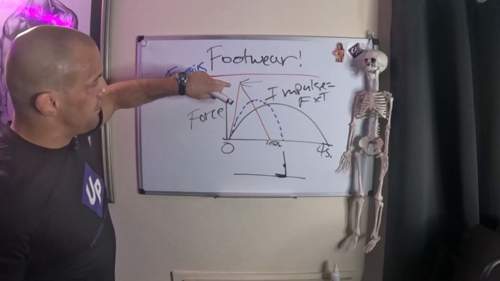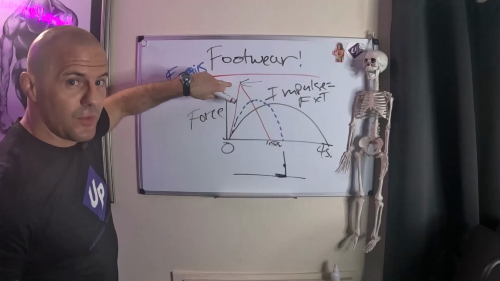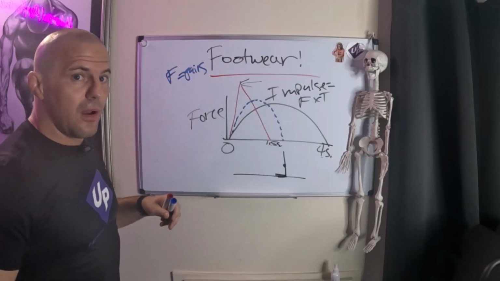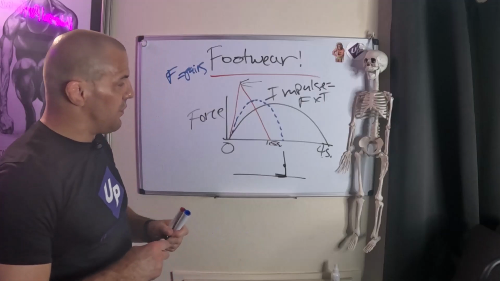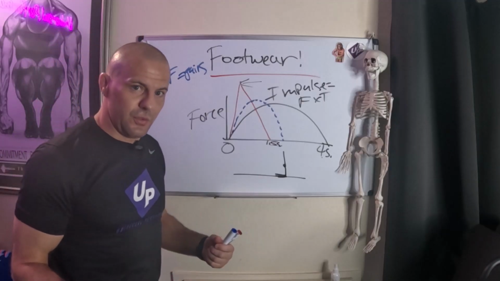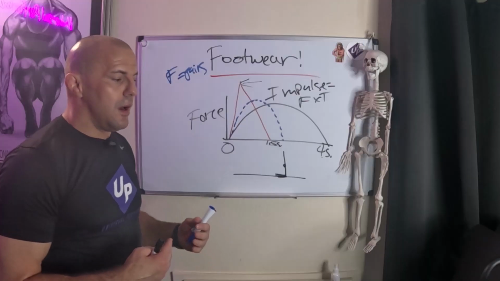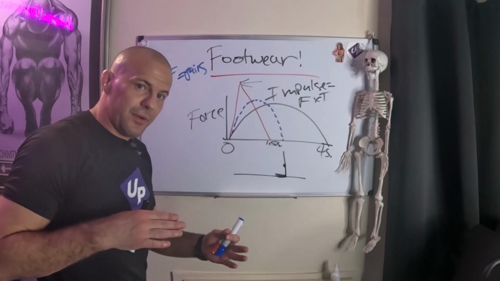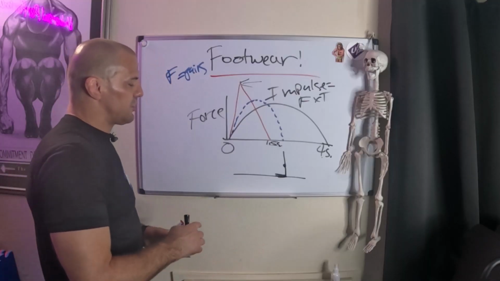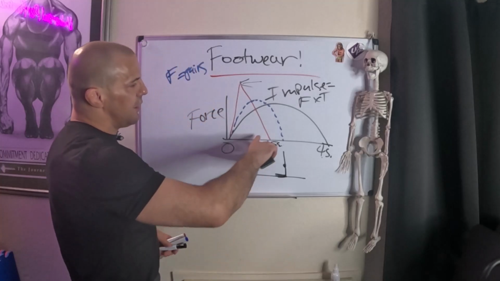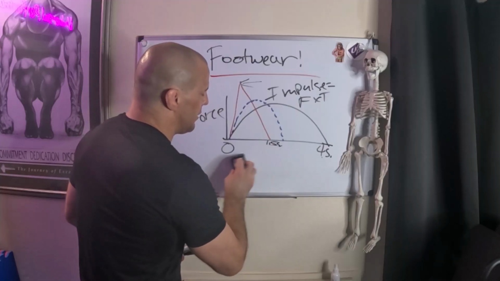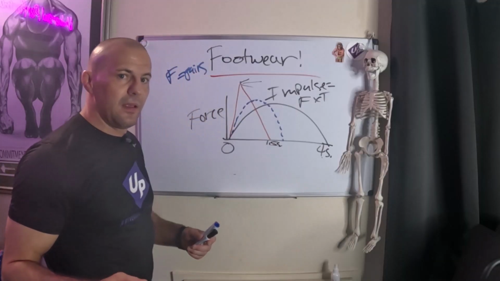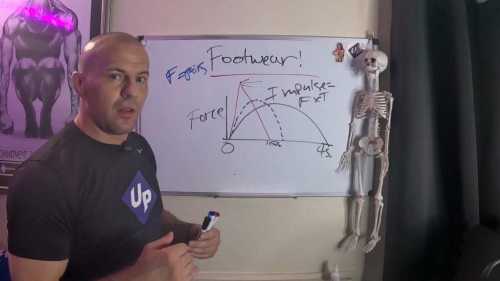However, this peak force right here is something that we want to avoid if we are at work and we work on concrete all day. What we would then want is a softer shoe, like a running shoe, maybe even take an insert and put the insert into the running shoe. And we want to spread the peak force out throughout that 4 seconds, that 5 seconds, so that way the force back up onto our body is much smaller.